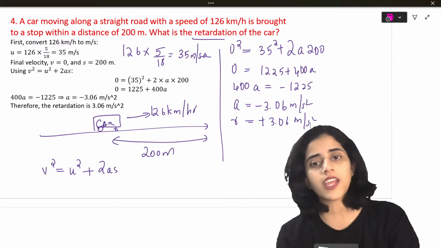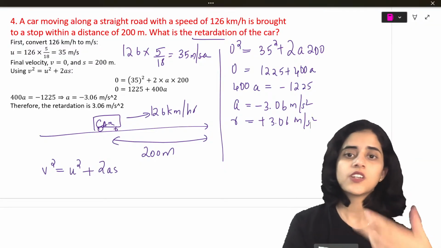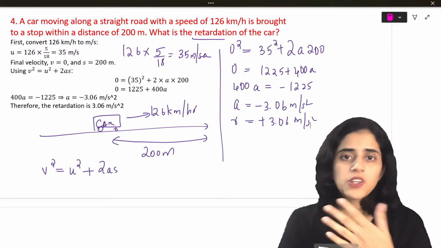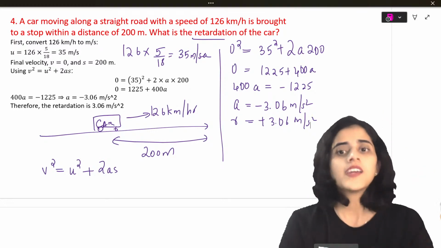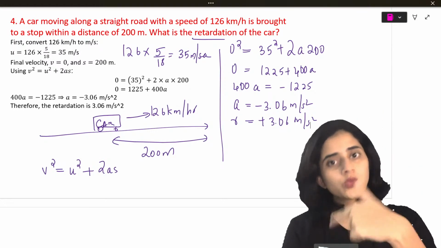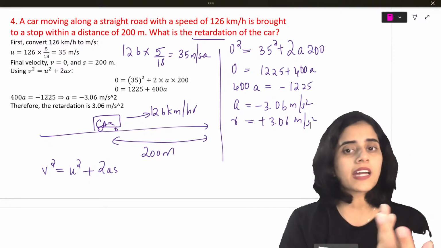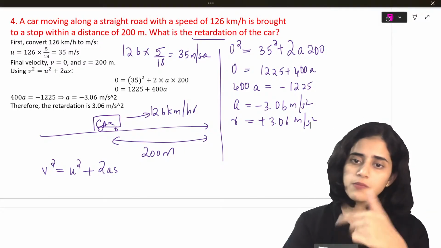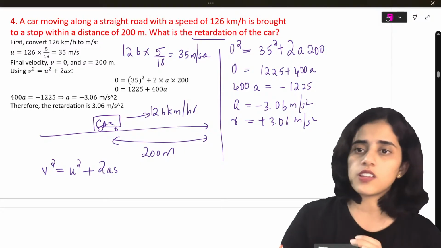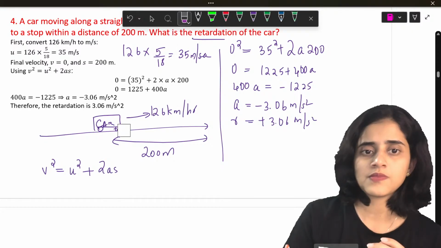If acceleration is negative, then retardation is positive. So what I did is I found out acceleration because I don't know a formula for retardation. In the last step, I just switch signs. I converted it into retardation by making it positive. That's all. Easy, no?